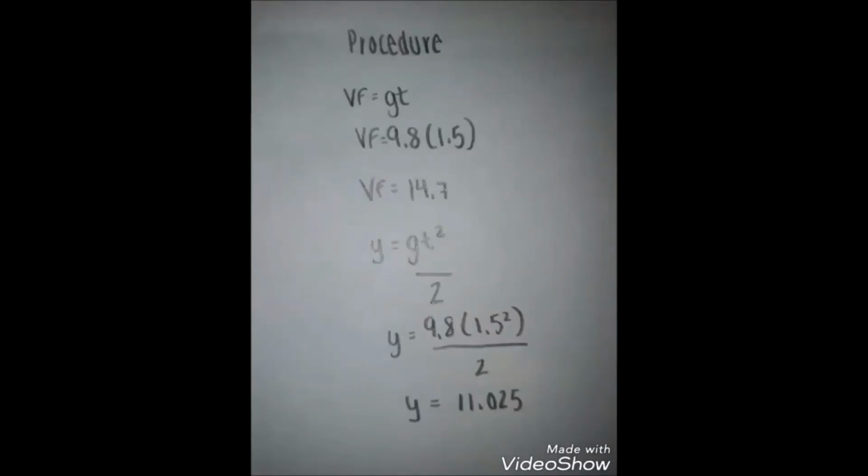If we want to know the final velocity, we have to use the formula final velocity equals gravity multiplied by time. So we replace the data with 9.8 multiplied by 1.5. You ask, how did we get 1.5 seconds?